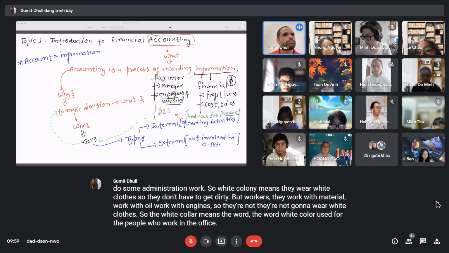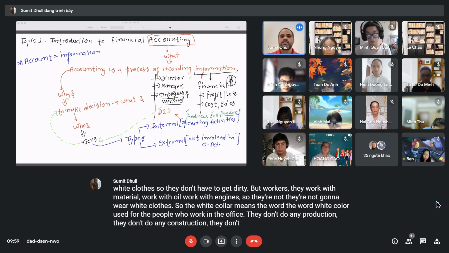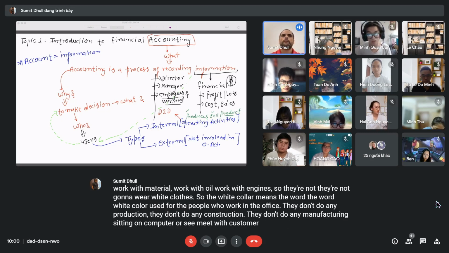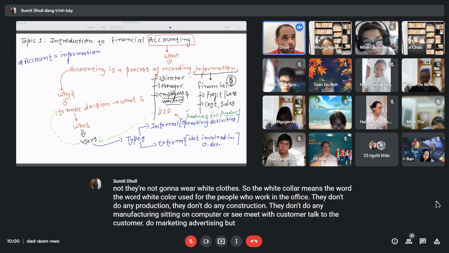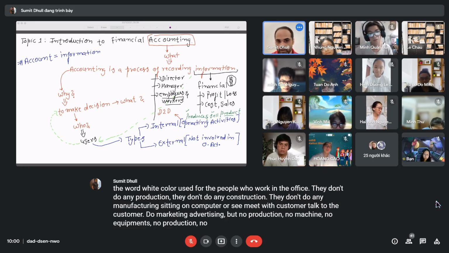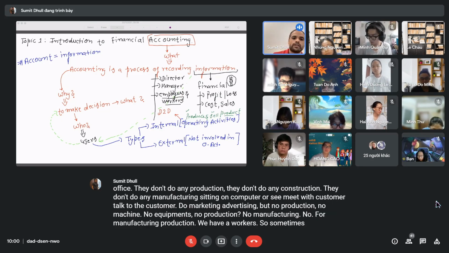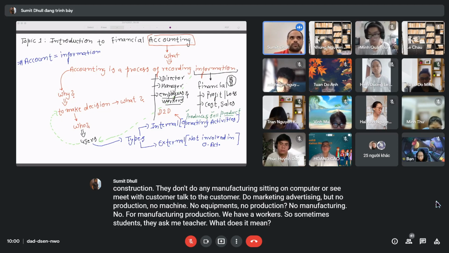They don't do any production, construction or manufacturing. They sit on a computer, or meet and talk to customers, do marketing, do advertising, but no machines, no equipment. For manufacturing and production, we have workers. Sometimes students ask me, teacher, what does it mean, workers? That's the meaning of worker.